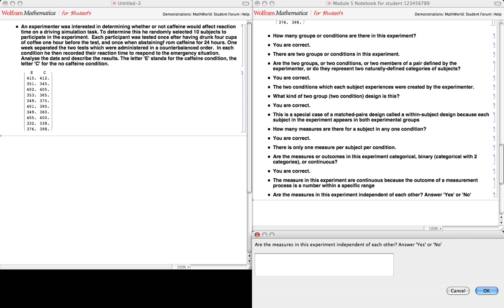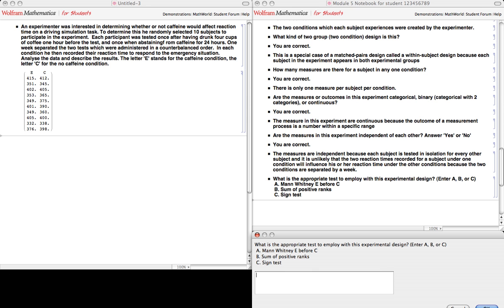Okay, are the measures in this experiment independent of each other? You would think because it's the same subject that they wouldn't be independent, but because in one condition you have caffeine and the other one you don't, and there's a week in between, and the conditions are counterbalanced, I'm going to say that they are independent.